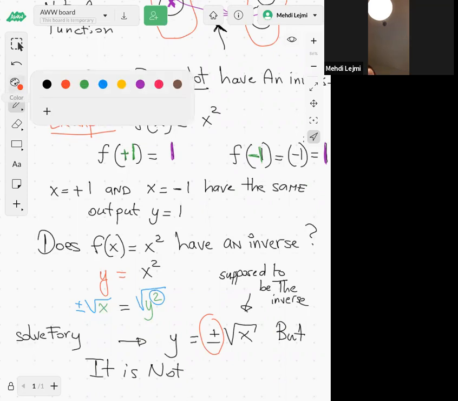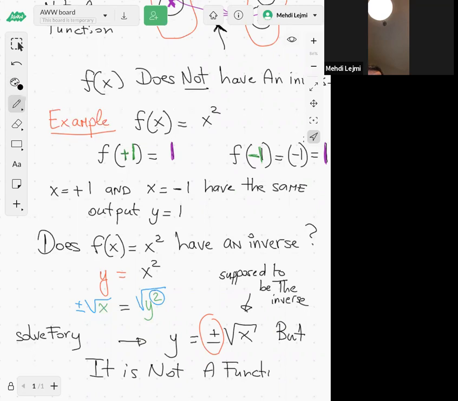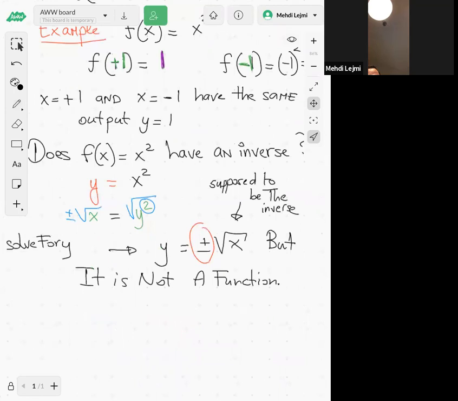So it's not a function. So the conclusion is that this x squared doesn't have an inverse. So f of x equal to x squared doesn't have an inverse.